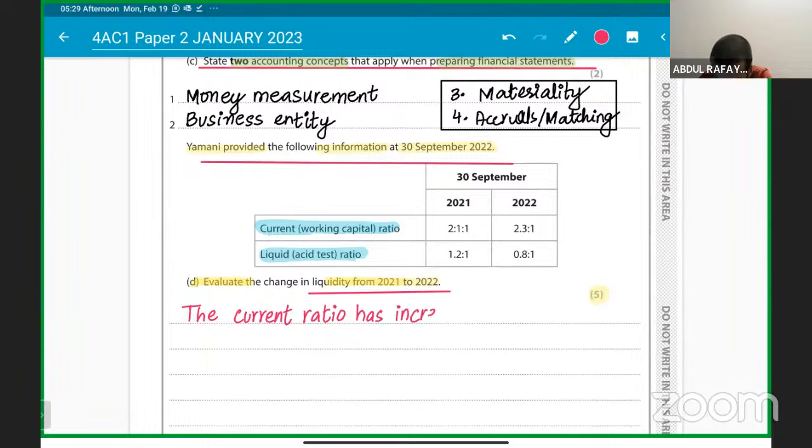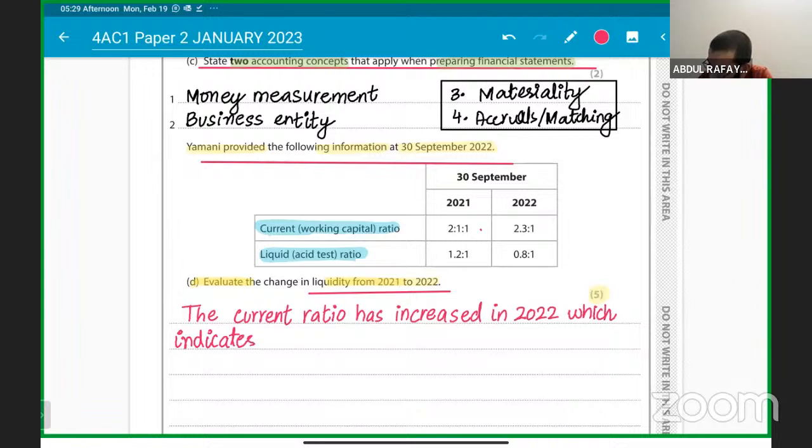The current ratio has increased in 2022. It means that now, to pay one liability, you have more assets.